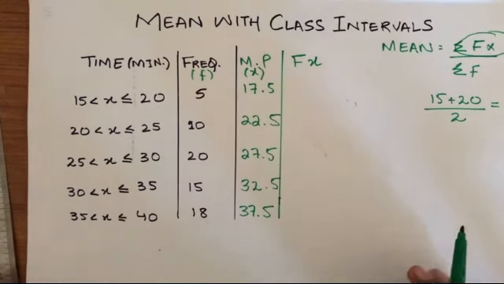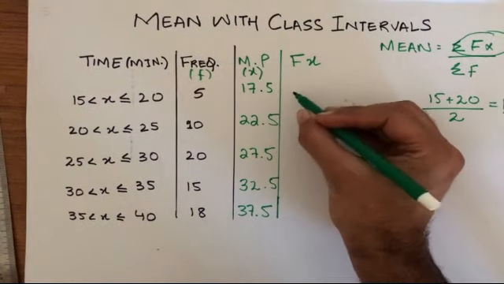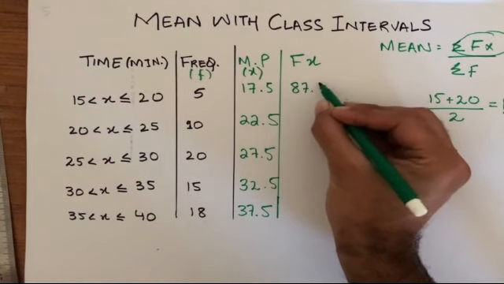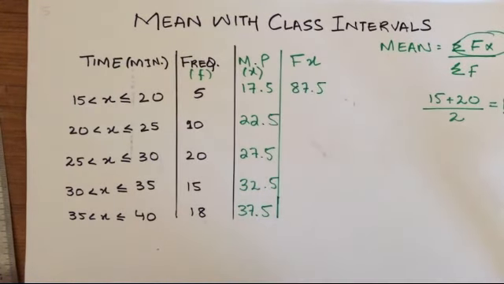So let us go on and solve this. 17.5 multiplied by 5 is 87.5.